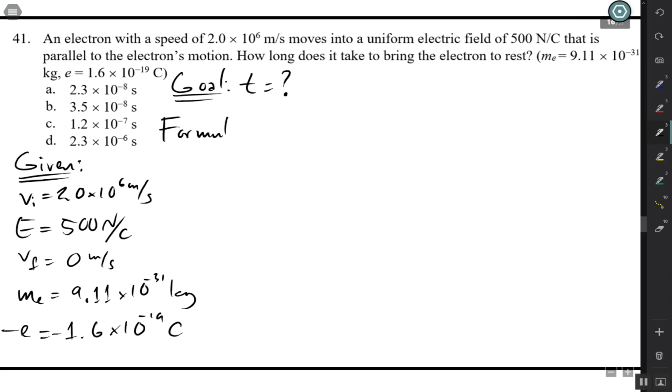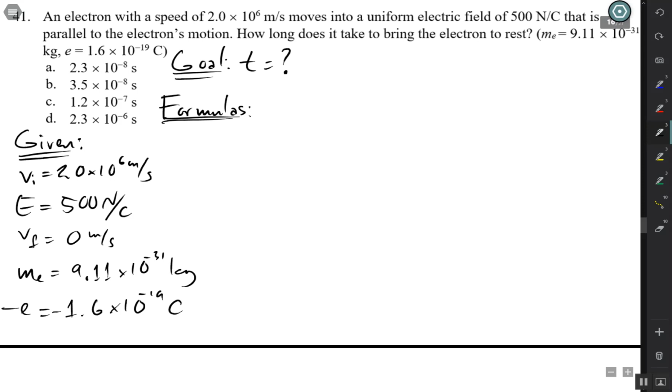Formulas, we're going to need a few. Actually based on Newton's second law of motion, and we're going to need the formula for electric field.